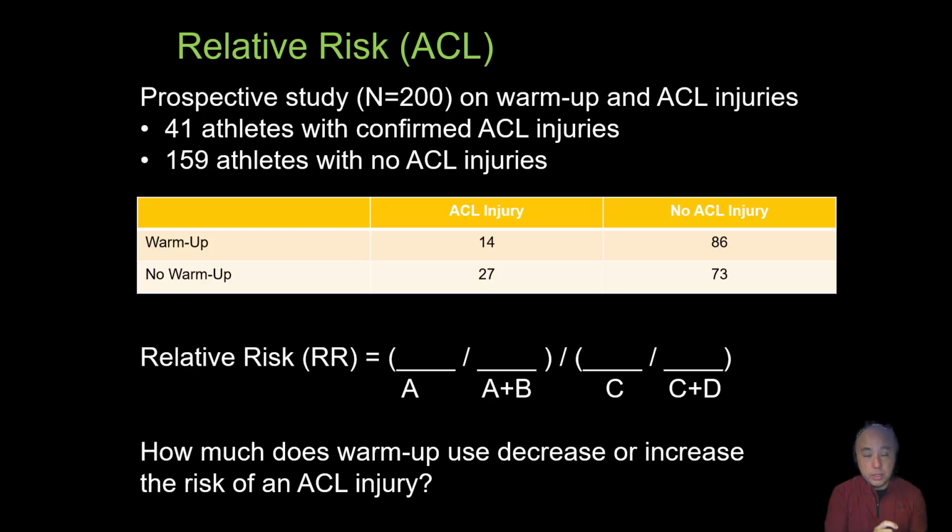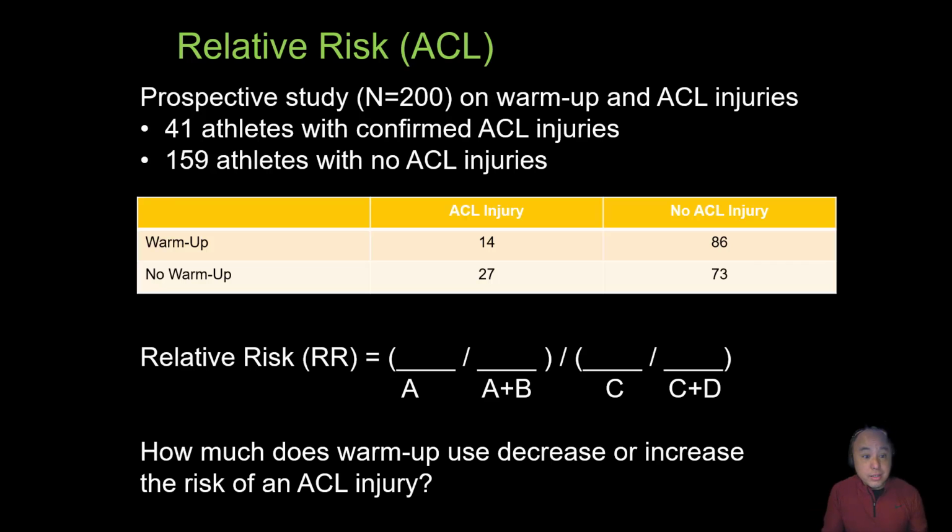Okay, so let's use this contingency table setup to calculate relative risk. Recall that the definition of a relative risk is the ratio of risk of those who are exposed to a factor versus those who are unexposed to that risk factor in developing an injury or a disease. So in this study, I've got a prospective study of 200 athletes, and we followed them over the course of the season, and then I wanted to know as a clinician whether or not warm-up influenced the incidence of ACL injuries.